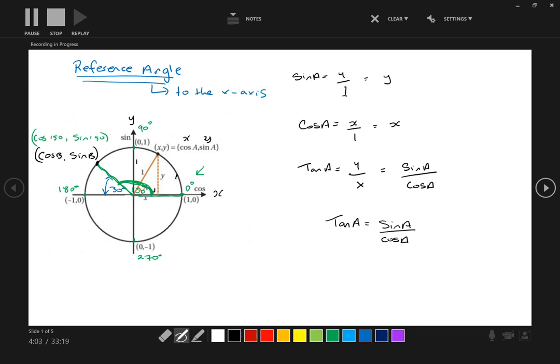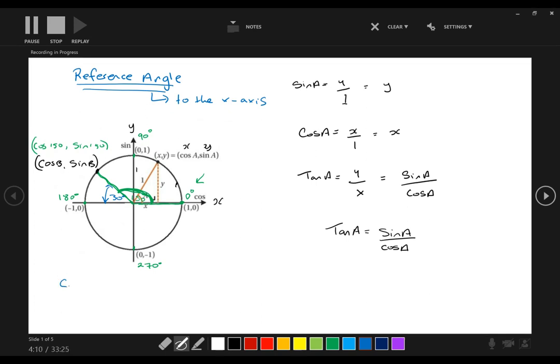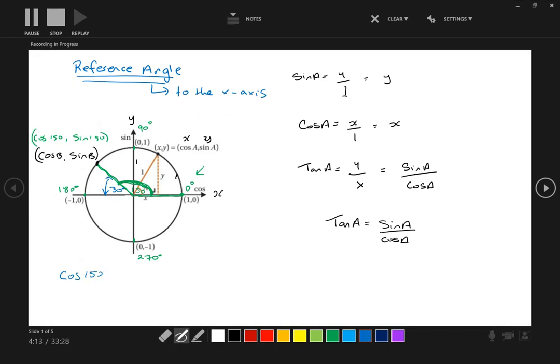This is my reference angle, a 30-degree reference angle. So cos 150 is the same as its reference angle, cos of 30, except cos in this section, which we'll look at in a minute, has a negative sign, so it's minus cos of 30.